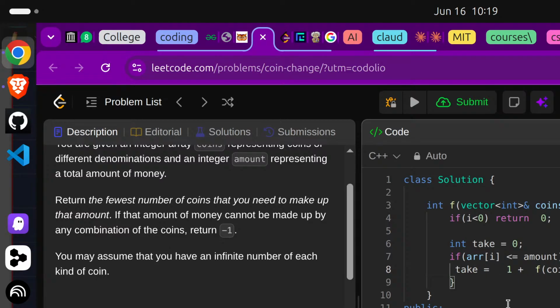If we are not taking or we can't take, not take is equal to f of coins, amount, I minus 1. Take and not take, we have, okay. And what we will return is the minimum of take, comma not take, right?